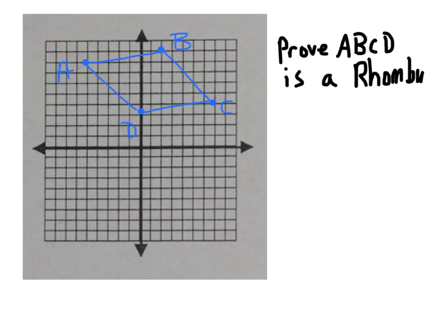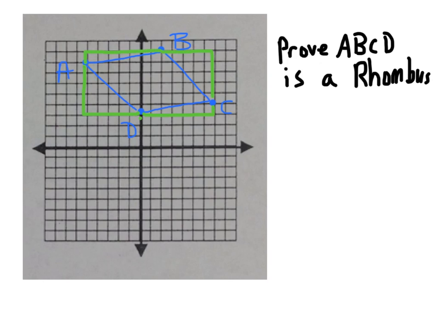Okay, a rhombus has 4 equal sides. So to find out how long each side is, I can make a right triangle on each of the 4 sides and figure out the length using a squared plus b squared equals c squared.